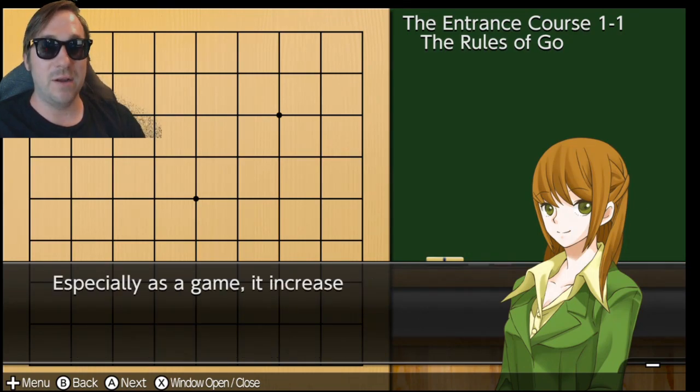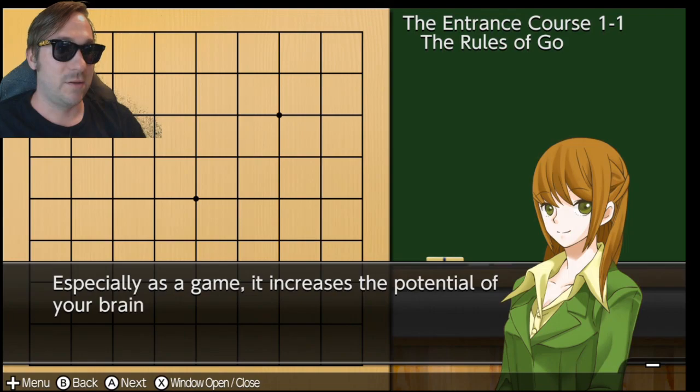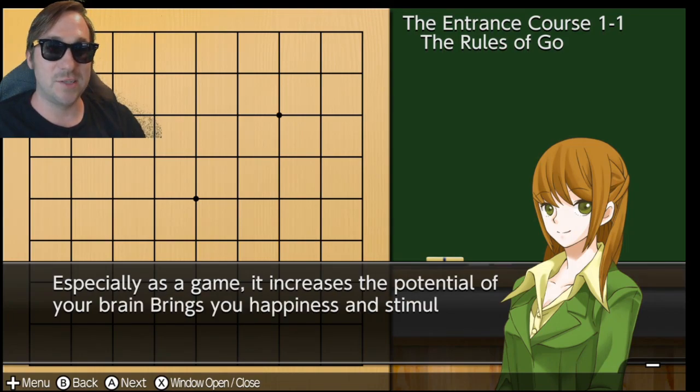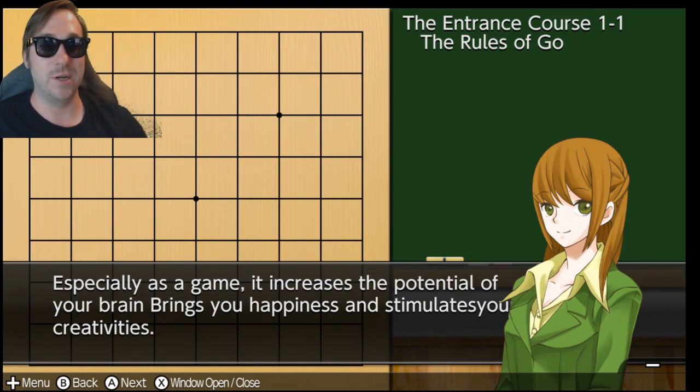I'm gonna help you out here, Silverstar, because I really appreciate the hustle trying to get people to the Go game. Got to work on the English a little bit, but that's why Rose is here. Especially as the game increases the potential of your brain, brings you happiness, and stimulates your creativity. Yes, it really is, because of the complex, different decisions that you make.